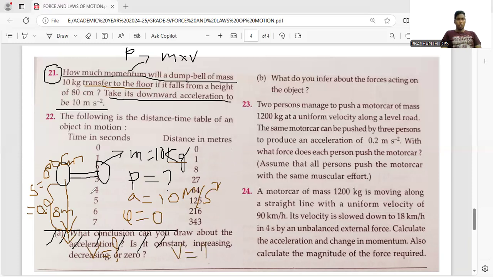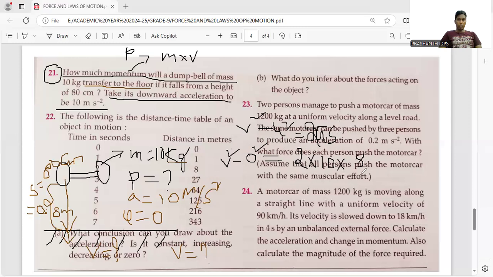According to the given values, we can use the formula v square minus u square is equal to 2as. Now substitute all the values. We need to find v square. v square minus 0 square equals 2 into 10 into 0.8.